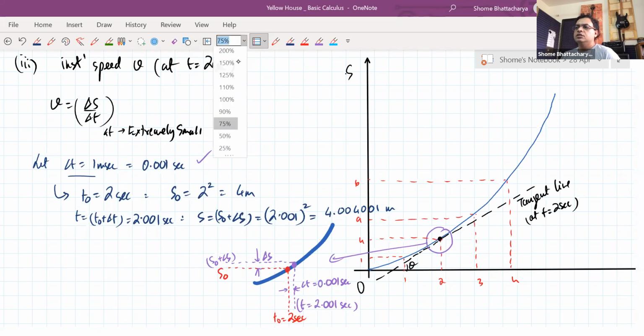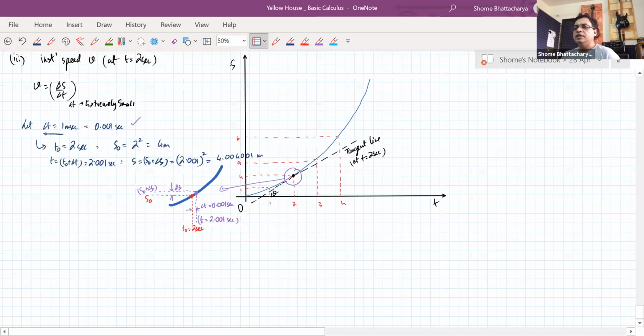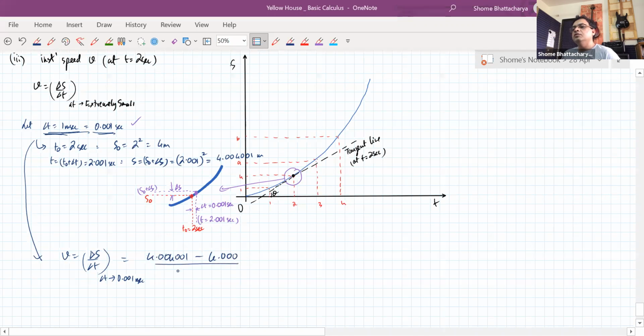So now, the accuracy depends on how small I've taken delta t. I've taken it quite small. So my instantaneous speed, which should be delta s by delta t, when I'm taking delta t to be 1 millisecond, is coming out to be 4.004001 minus 4.000, divided by the time interval, in meters.